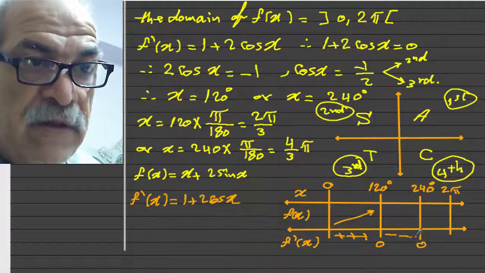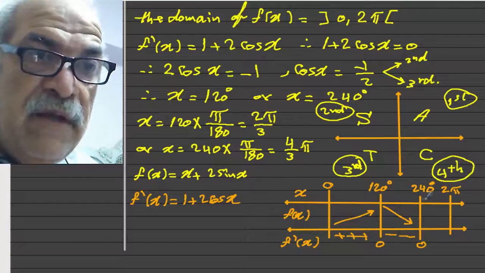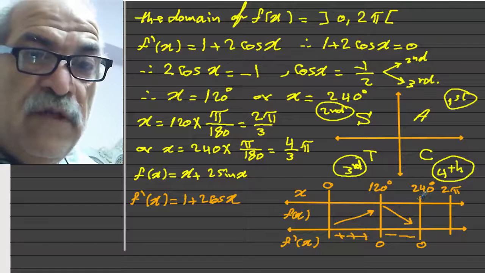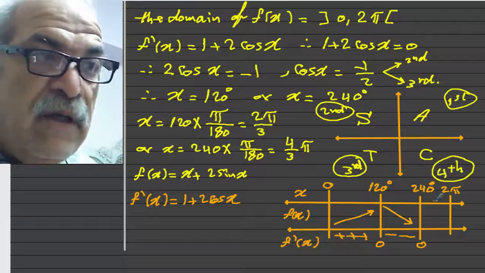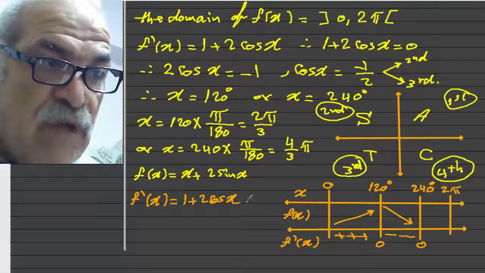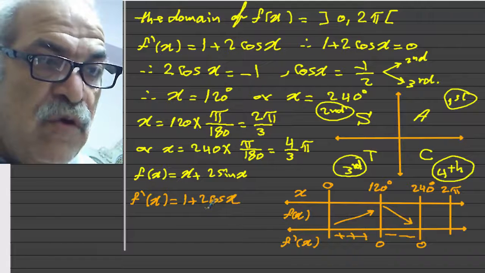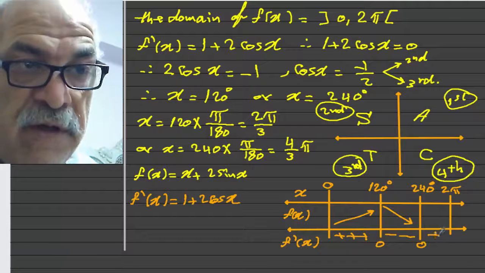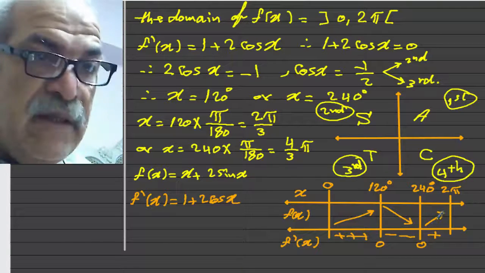Okay, so the function is decreasing. Take another number between 240 and 2 pi, like 270. Cosine 270 equals 0. So we have 1 plus multiply 0, so it is positive here, and the function is increasing.